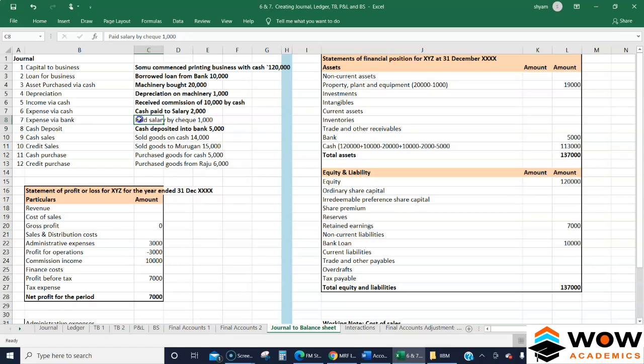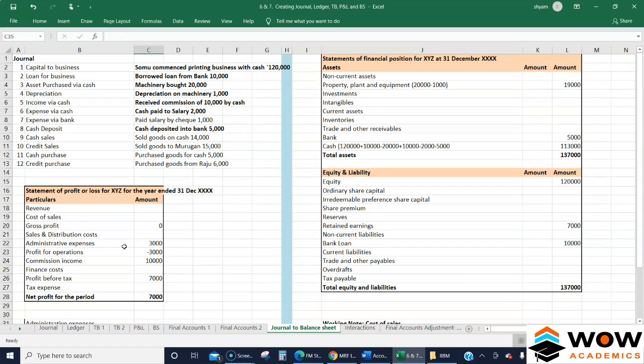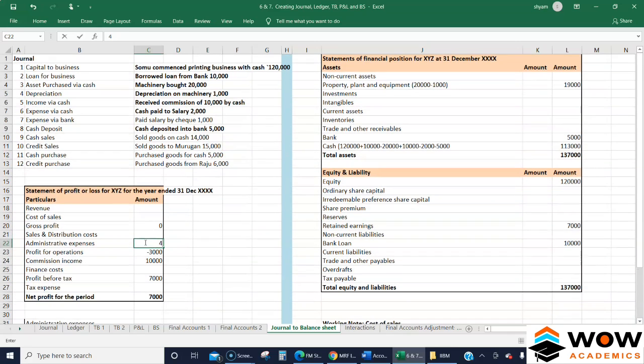So now as we have a bank account, we can pay the salary. Salary is going to be again 1,000 rupees. We already had salary here, we'll add one more salary, which is of 1,000. So the total administrative expense now comes to 4,000. When we put this, immediately our profit will fall to 6,000.